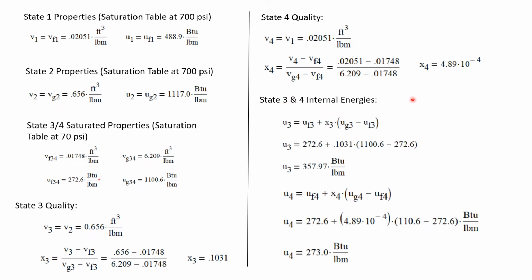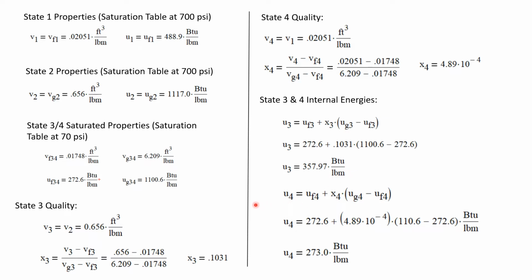So knowing the qualities at state 3 and state 4, now we can calculate the internal energies. The internal energy at state 3 is just U sub F plus the quality at state 3 times U sub G minus U sub F, all of these values being state 3 values. We have those, and we get the internal energy at state 3 is 357.97 BTUs per pound mass.